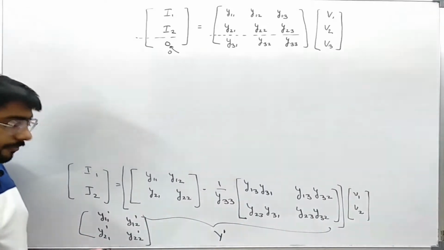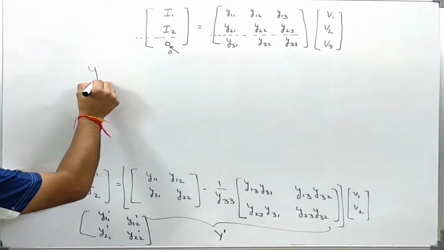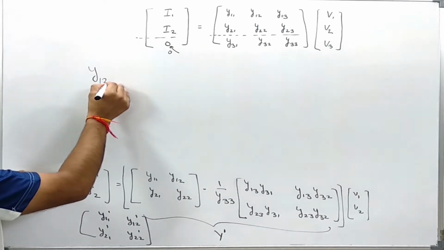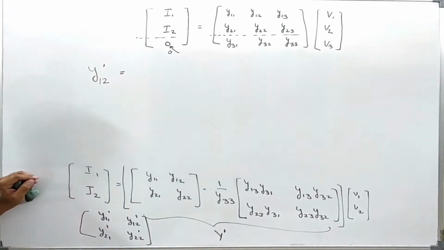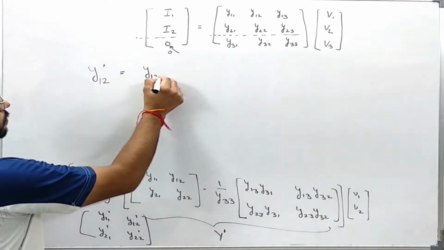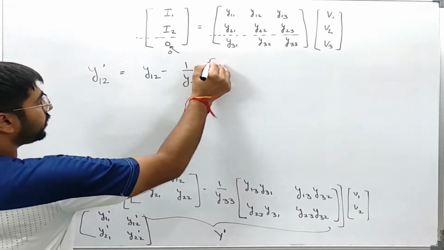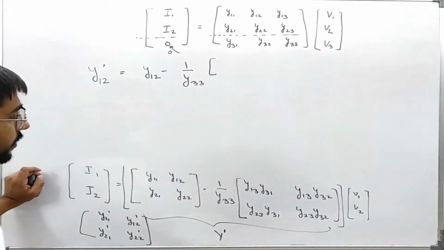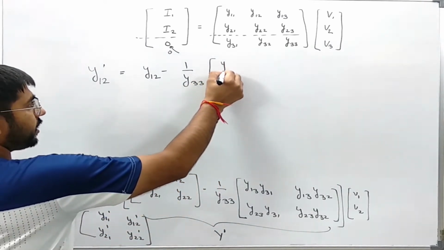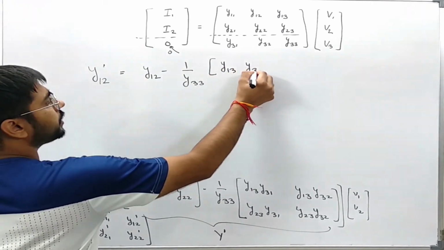For example, let us write the value of y12 prime. y12 prime is nothing but y12 minus 1 by y33, y13, y32.